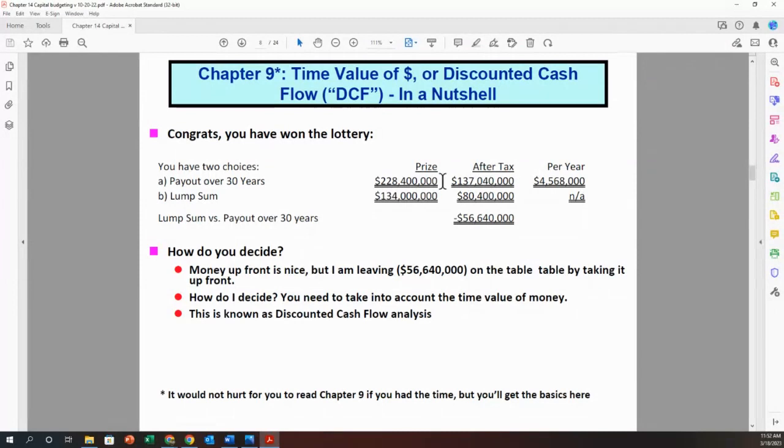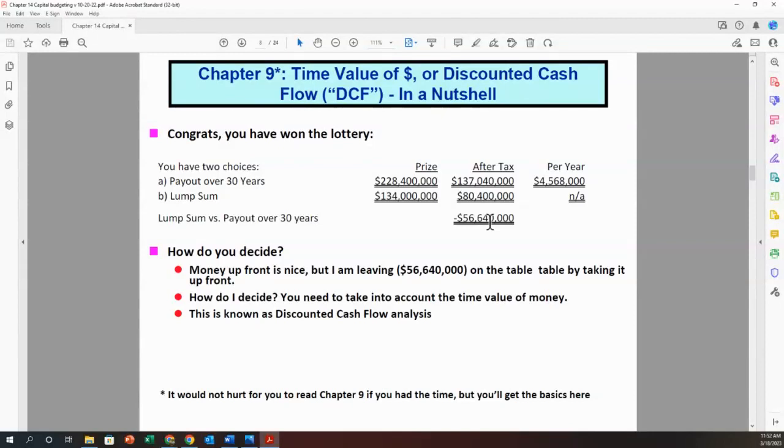After tax, you get $137 million over 30 years. Or you could take it in a lump sum, the gross 134 million, and after tax 80 million. So the payout is $56 million less.